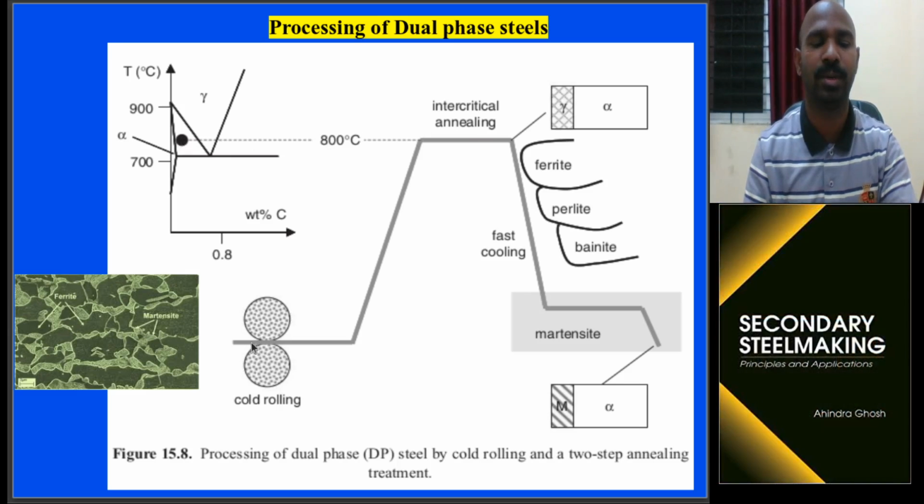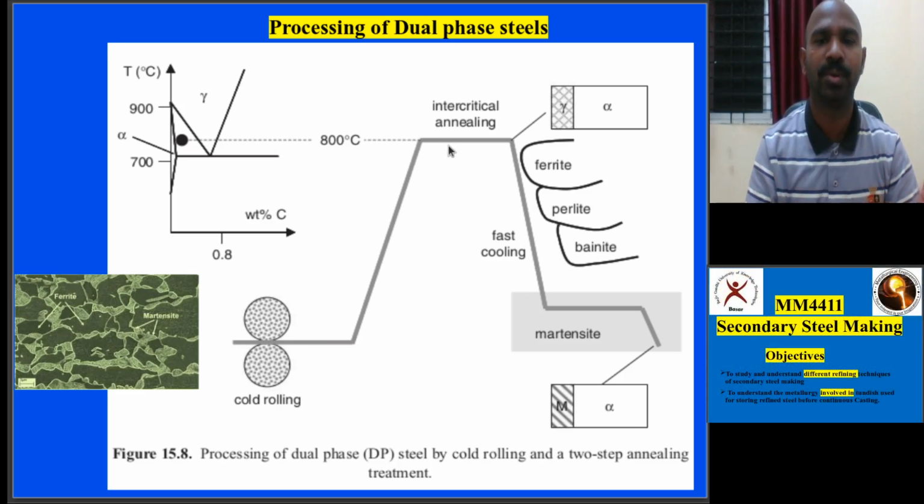After cold rolling, this particular low carbon sheet is sent for continuous annealing, where it is going to have ferrite plus austenite.